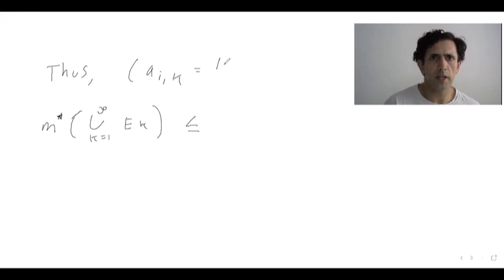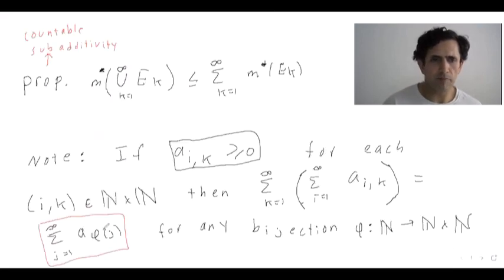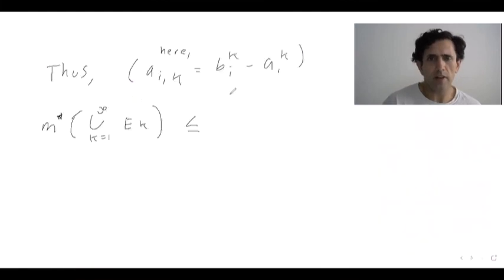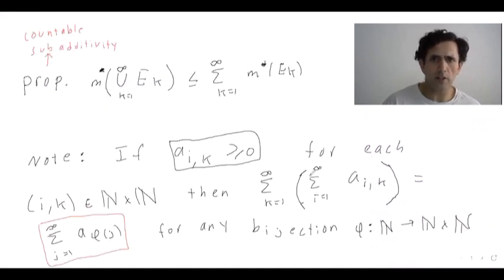So here we're setting a_ik to be b_k minus a_ik. Right, so this red sum here for any bijection is exactly the sum of all of these lengths for all pairs i and k. And this note says that this is going to be equal to this iterated sum.